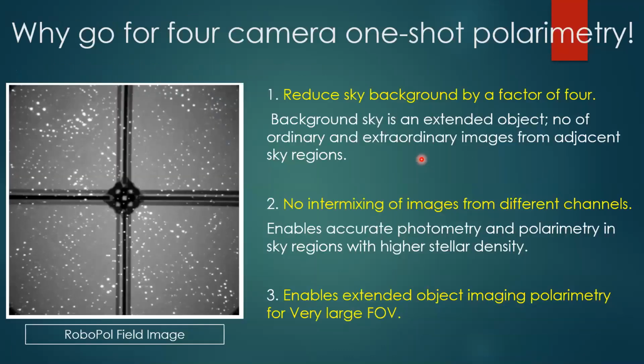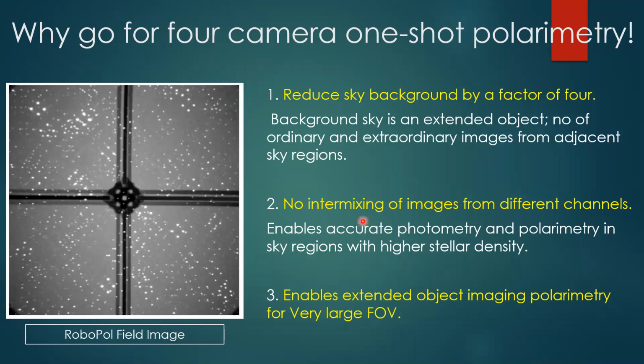Because the sky is an extended object, if all the 4 spots are imaged on the same detector, the background basically doesn't get subtracted, and it's high. By having each channel imaged on different detectors, the background is reduced by a factor of 4.